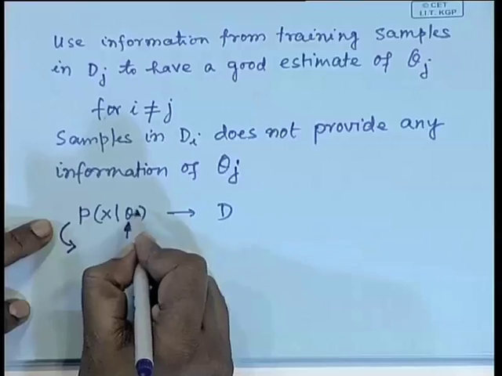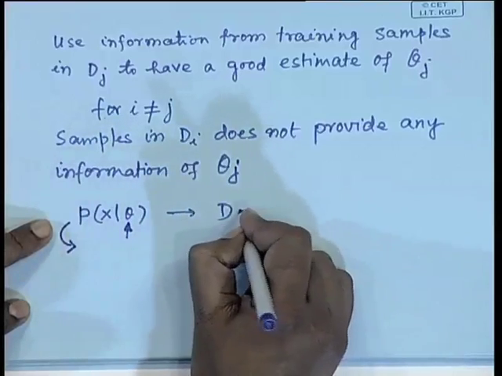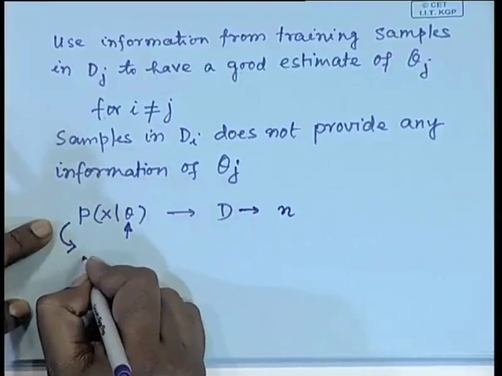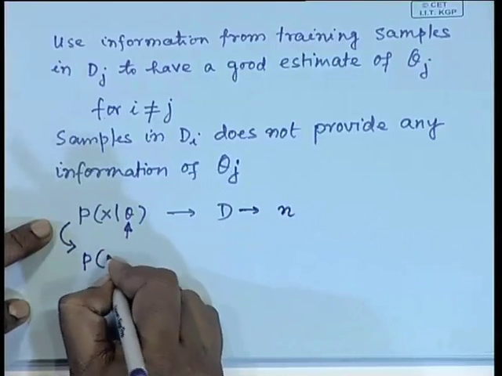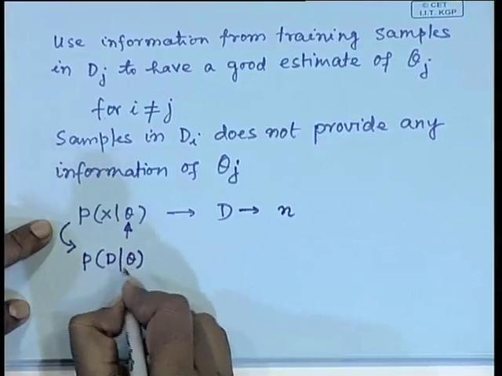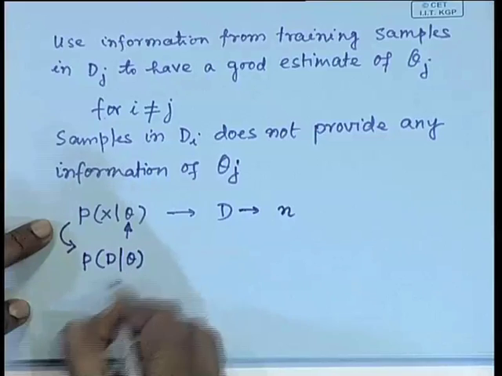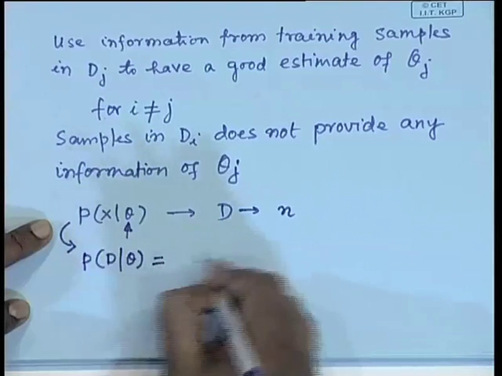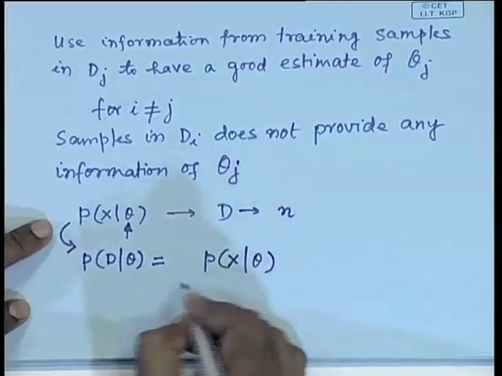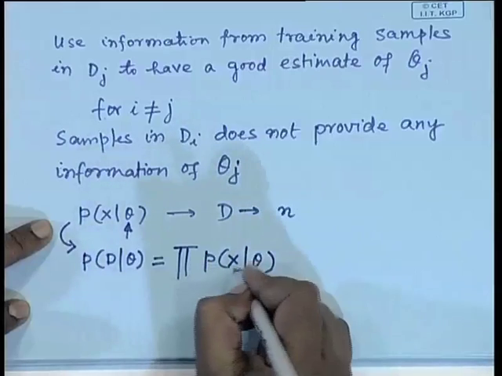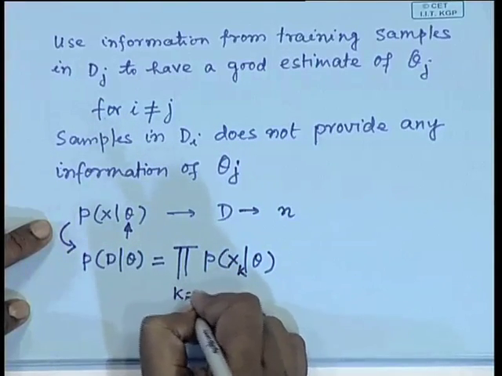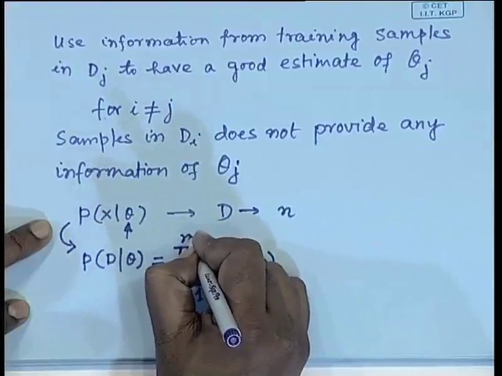Because there are n samples, I can write P of D given theta in another form: the product of P of x k given theta, k varying from 1 to n.